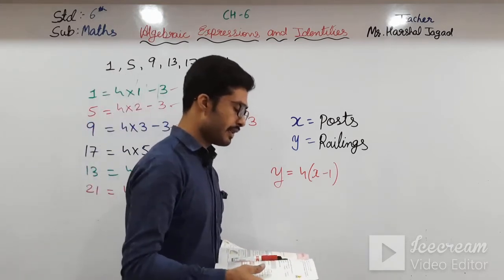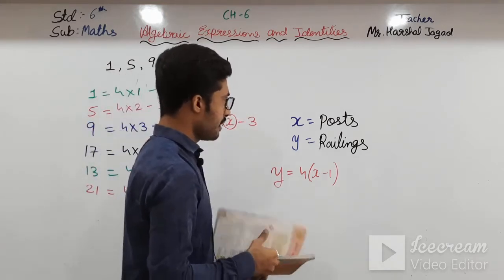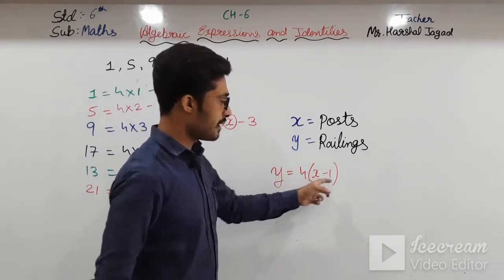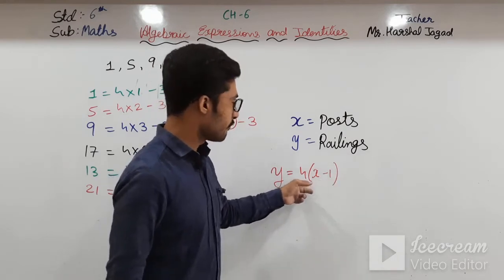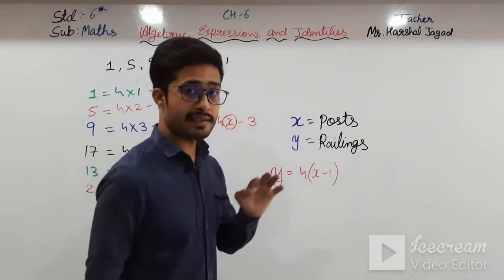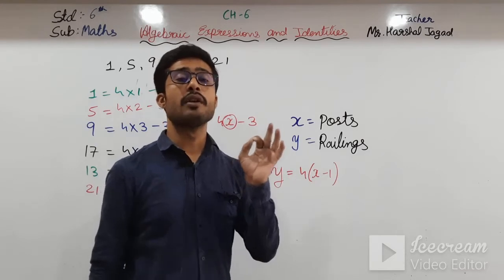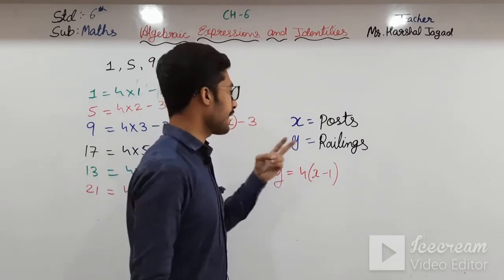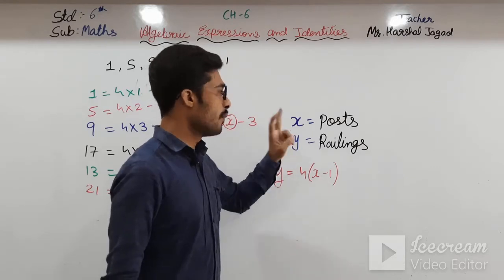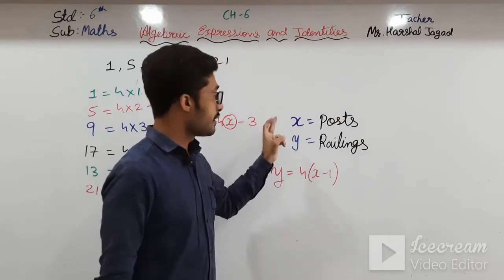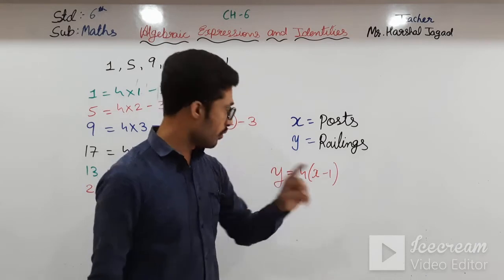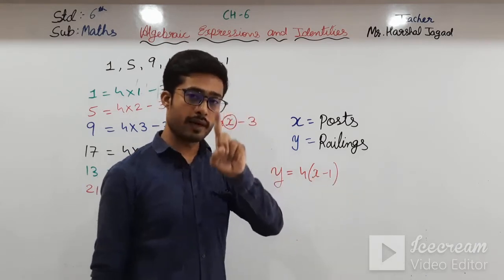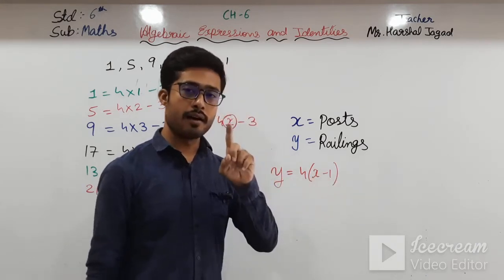Okay students, 4x minus 4. See here, if I want 1 post, then 1 minus 1, 0. 4 into 0, 0. You can see in the table the value of y is equal to 0 when x is equal to 1. Second, 2 posts, then x is equal to 2. 2 minus 1, 1. 4 ones are 4.